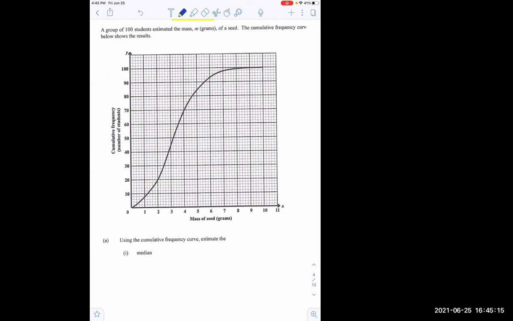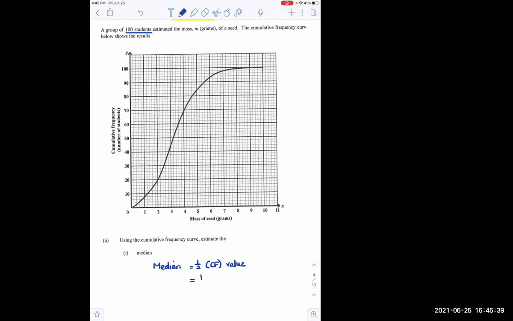Find the median. They bring in central tendency, mean, mode, and median. We want to find the median. So the median is a half of the cumulative frequency, that value. The cumulative frequency is 100.